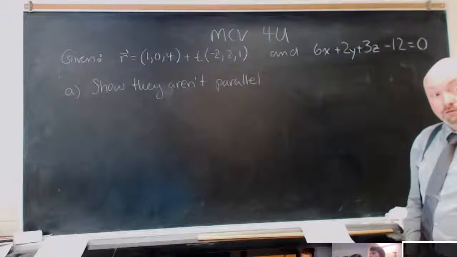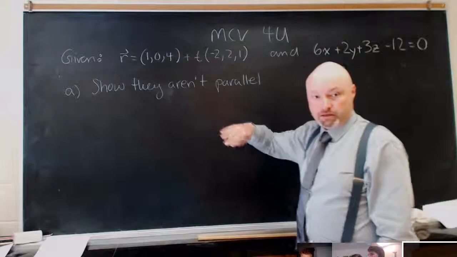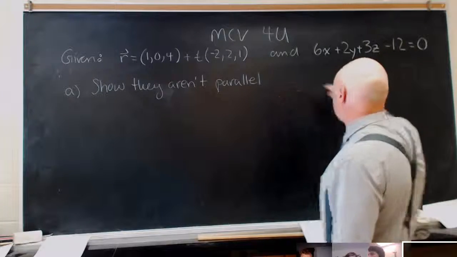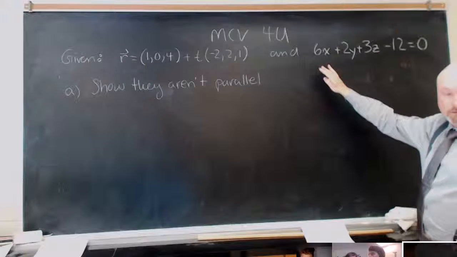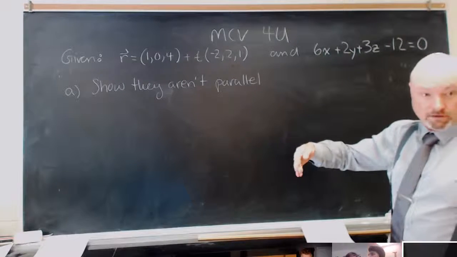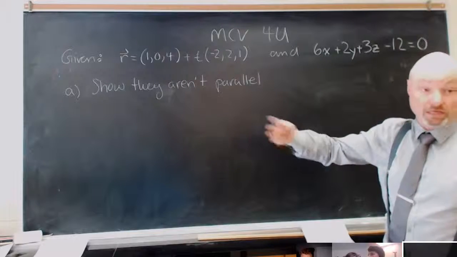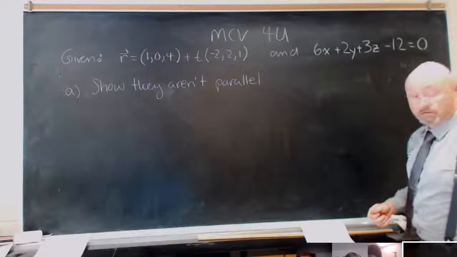Okay, so RJ's saying, I can change this from the vector form into the parametric form, and substitute it into the equation for x, y, and z. And if I get a value for t that makes sense, then those two aren't parallel, because that would mean that they intersect, right? Yeah, and that would work.